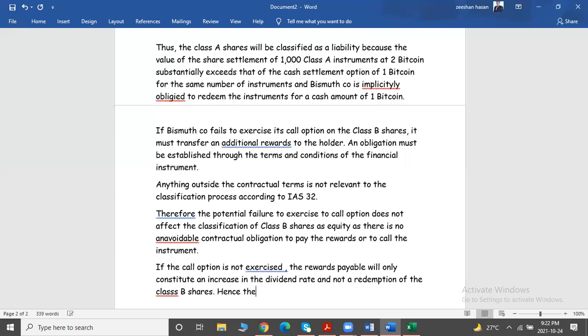Hence, the class B shares constitute equity shares.